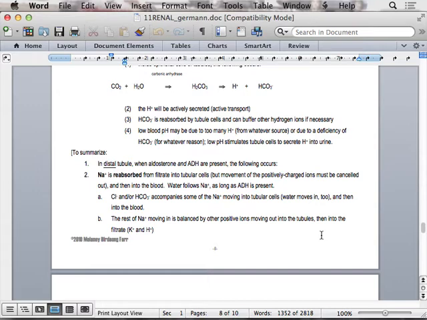Sodium, 0 to 35% under the influence of two hormones. Aldosterone increases, ANP decreases. Got it?